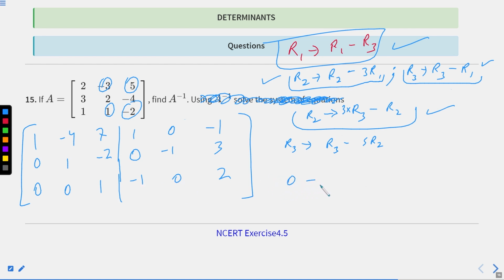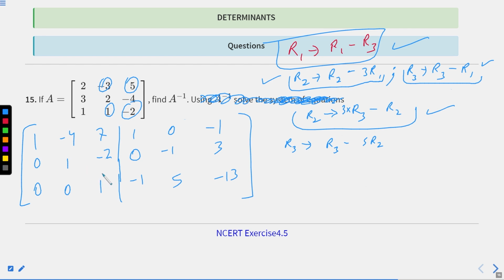So 0 minus 5 times minus 1 will be just plus 5. Now 2 minus 5 times 3 means minus 13. So 15 means minus 30, as you can see.